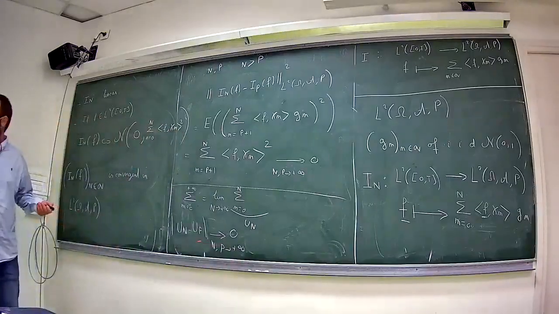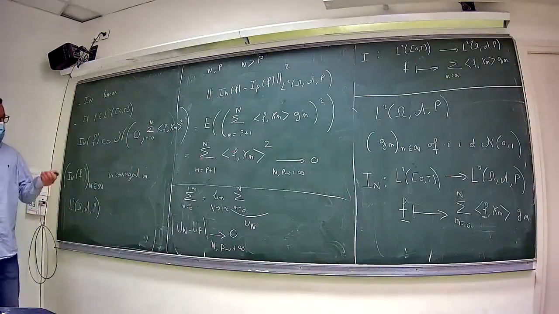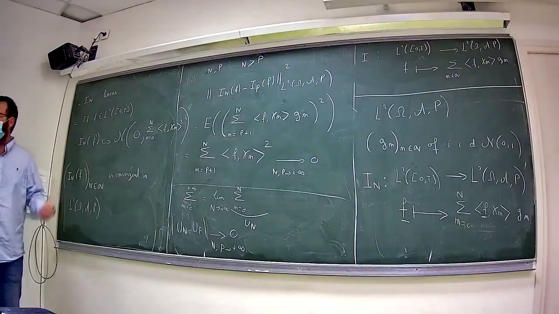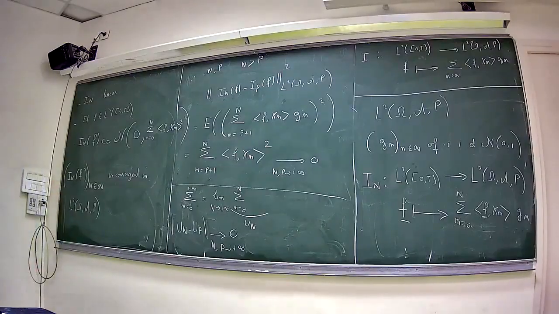To write this, it's exactly what I have written here. So this one is Cauchy in the space L2 of omega AP.